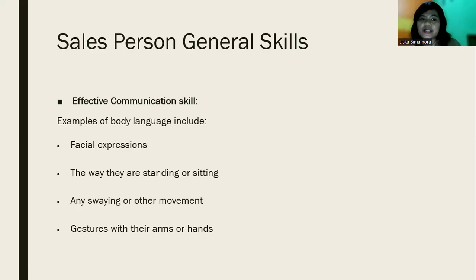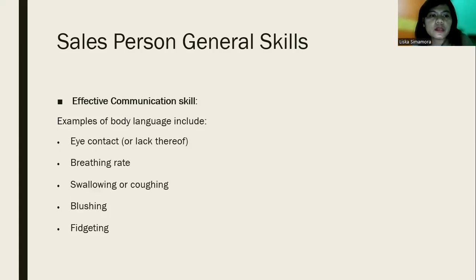How are the gestures? Yeah, that is part of body language, right? Eye contact, breathing rate, swallowing or choking. For example, if people ignore us and then we come something like that. And blushing and fidgeting. So that's the kind of body language.